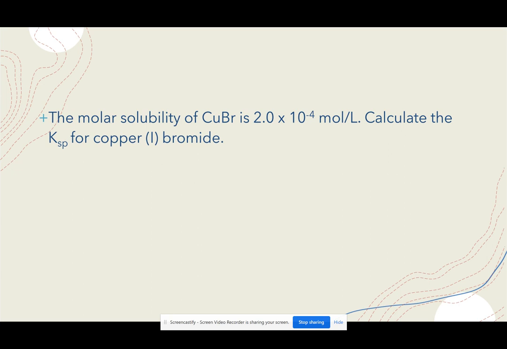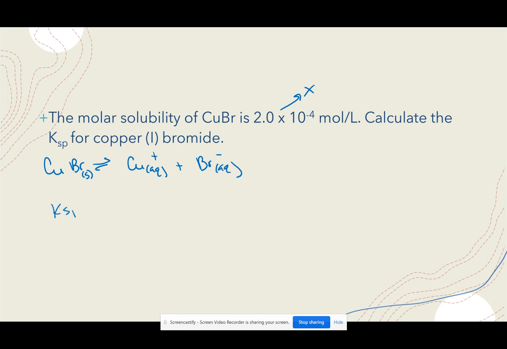Finally, given molar solubility, you can calculate Ksp. So the molar solubility of copper bromide is 2.0 times 10 to the negative 4 moles per liter. So that's my value of X. I'm given X, and I'm solving then for Ksp. So copper 1 bromide, solid, dissolves into aqueous copper 1 ions and aqueous bromide ions.